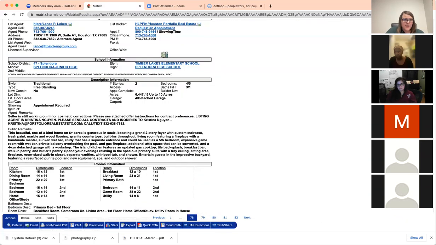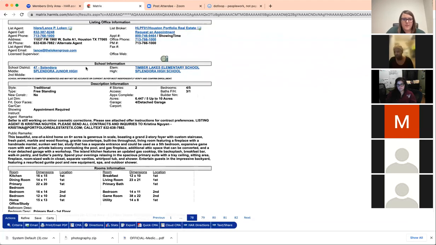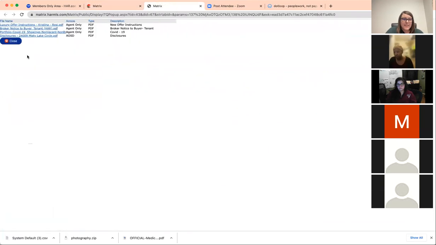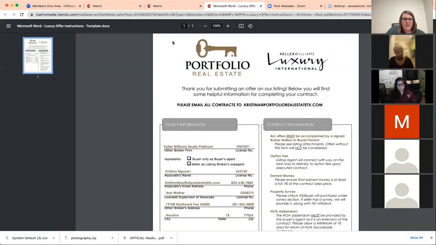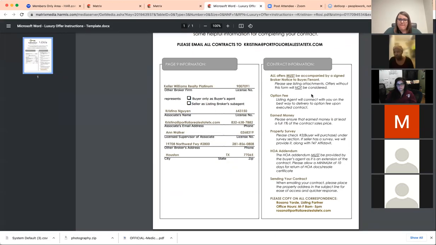You might check the agent remarks to see if maybe they tell you something different, but it doesn't. It does say, please see attached offer instruction for contract preferences. So if we go here, we're gonna look here, and it tells you what they want.